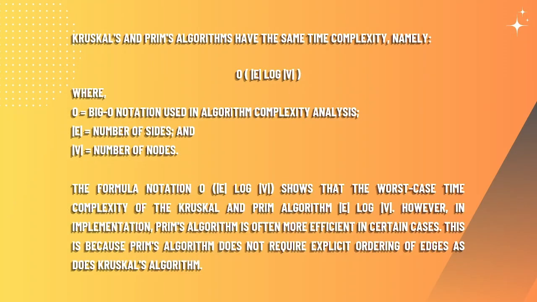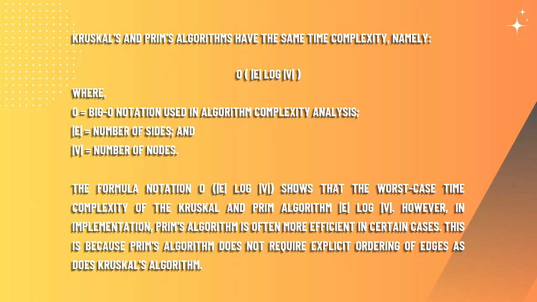So, Kruskal and Prim's algorithms have the same time complexity, namely O. In Indonesian, we say O dalam kurung E mutlak log V mutlak, where O is a big O notation used in algorithm complexity analysis, |E| is the number of edges, and |V| is the number of nodes.